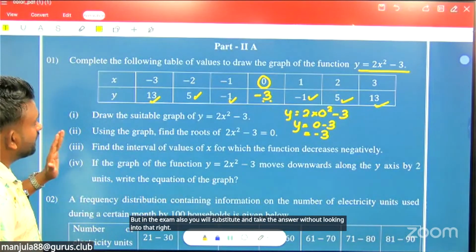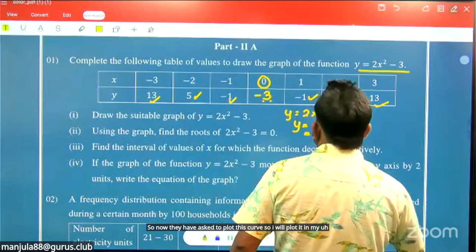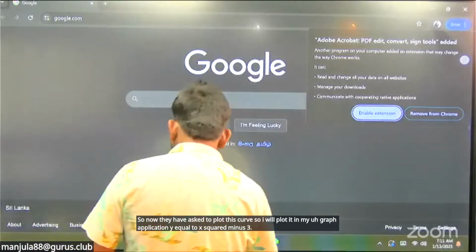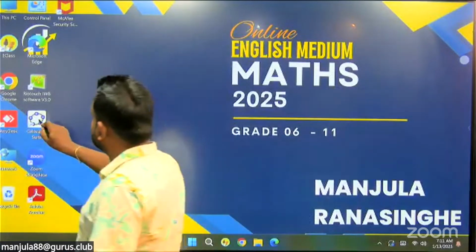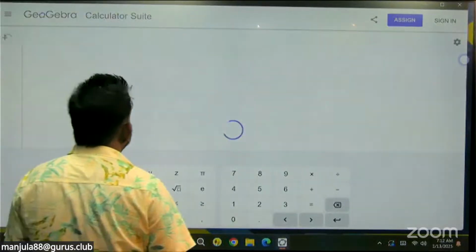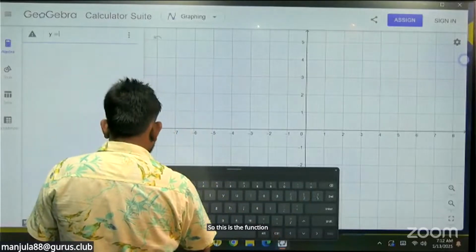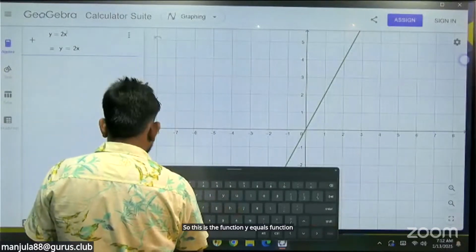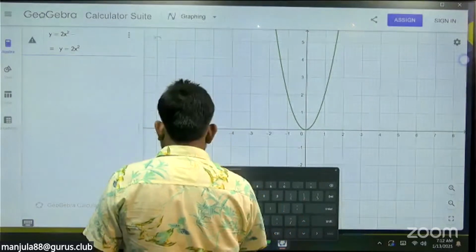So now they have asked to plot this curve. I will plot it in my graph application, y equal to x squared minus 3. So this is the function y equal to x squared minus 3.